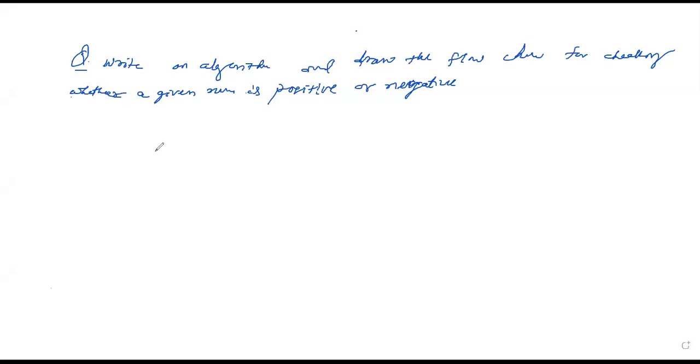So how many inputs? Subham? 2. What are those? The positive and negative. These are the input or output? Sir, A and B. Why A and B? I am writing here.